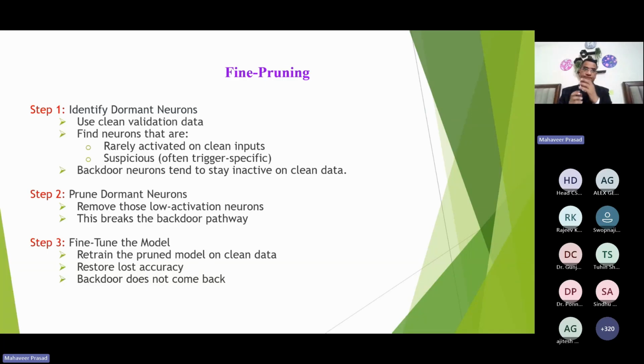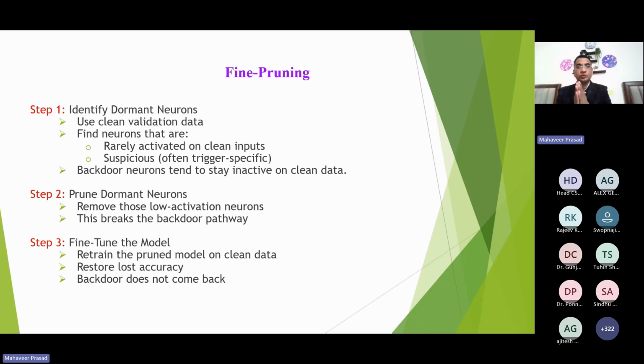How to do fine tuning? This is also a very important strategy. Identify dormant neurons. We are using a clean data set, and we find neurons that are rarely activated on clean input. If they are rarely activated on clean input, it means they are suspicious.